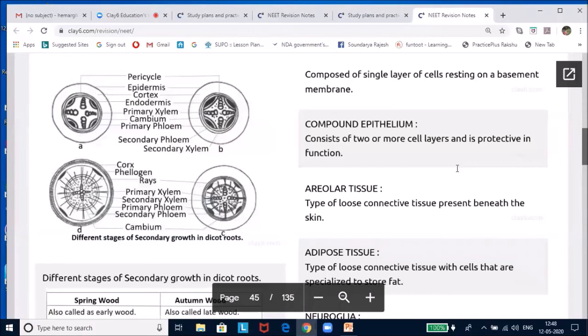The cells cut off towards the pith will mature into secondary xylem, and the cells cut off towards the periphery will mature into secondary phloem. The cambium is generally more active on the inner side than on the outer. As a result, the amount of secondary xylem produced is enormous when compared to secondary phloem, and secondary xylem will form a compact mass.